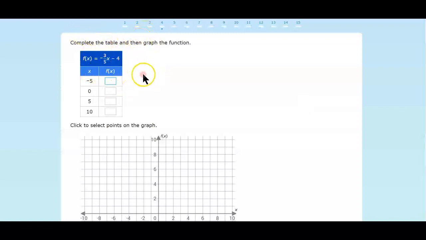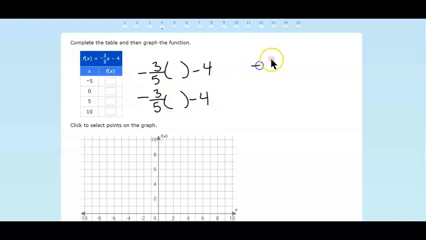So we're going to start with our frame. In this case, negative 3 over 5, parentheses for our x, minus 4. And we have this 4 times. I'm going to split it up because the fractions take up a little bit more space. Negative 3 over 5, parentheses, minus 4.